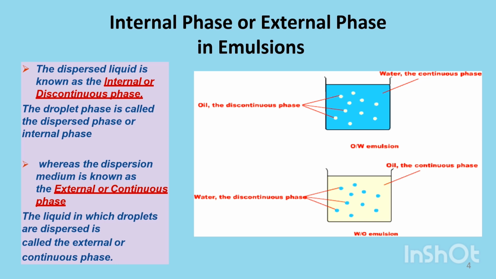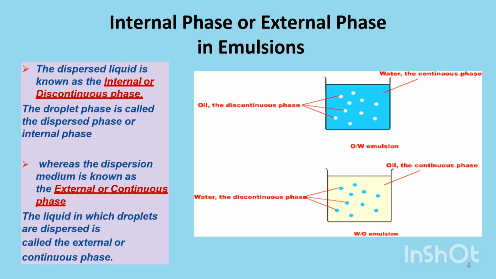If oil is present in the formulation as small little globules and disperses itself onto water, then the oil in this case is called the internal or dispersed phase, while the water is called the continuous phase. That means here we have prepared O/W emulsion, that is oil in water emulsion.